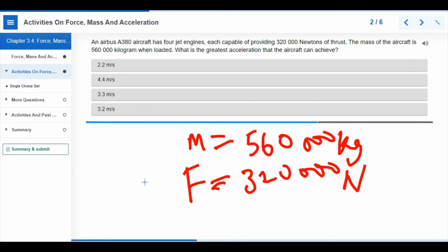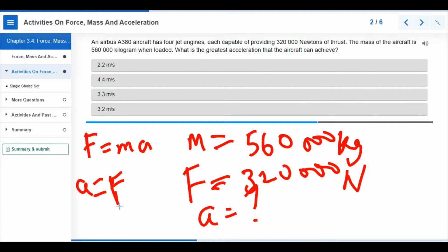So how do we then get the acceleration? Knowing fully well that force is equal to ma, then the acceleration now will now be force over mass. With that, acceleration now equals to the force.